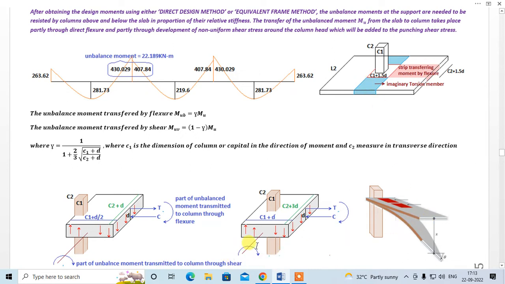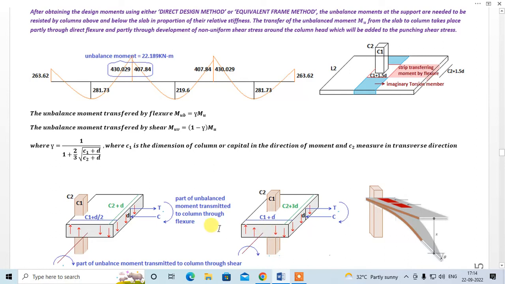This moment will twist this member, and due to this twisting you will have non-uniform shear force over here. So this non-uniform shear force is due to this twisting moment, and this moment will be transferred to this column through this non-uniform shear.